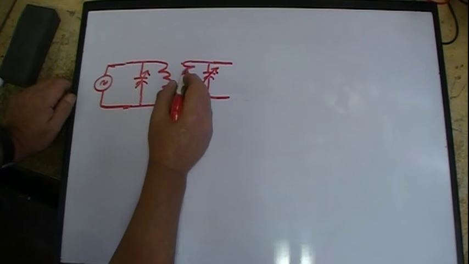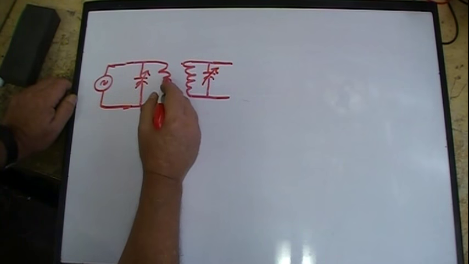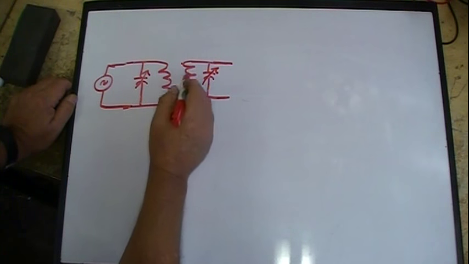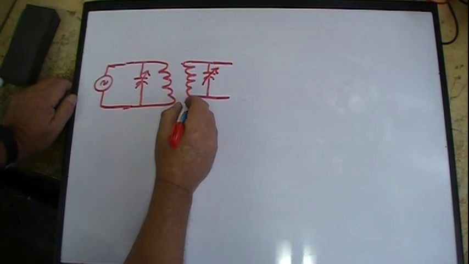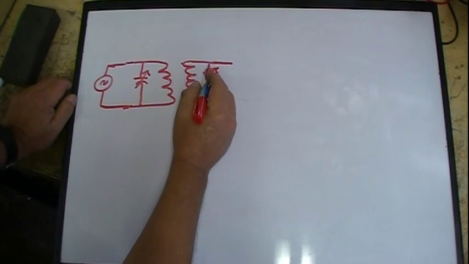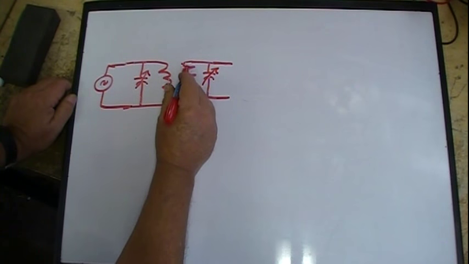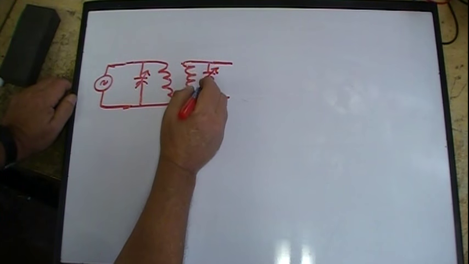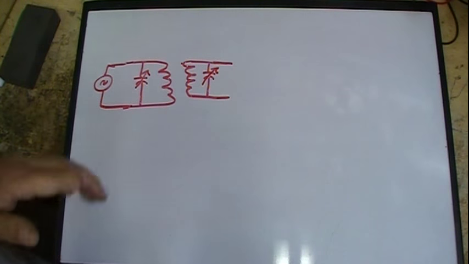But this circuit here is getting its voltage from the mutual inductance from this. So it's as though I'm applying the signal right to the coil. So you can think of it as really more like a series circuit, where the signal gets applied in here, the voltage builds on the coil and then feeds out through the capacitor and acts as a series circuit.